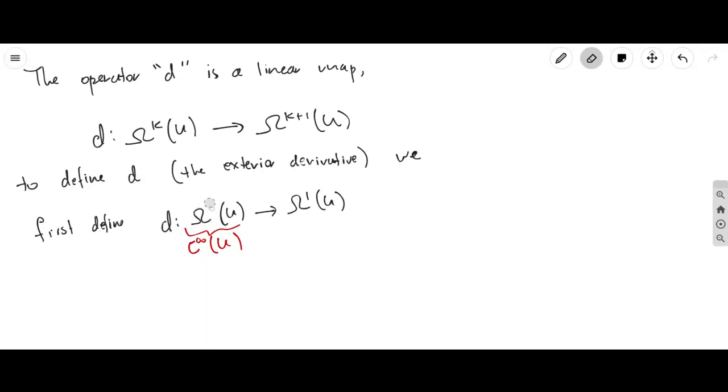So you're going to define it from the 0 forms to the 1 forms. And this is the way you do it.